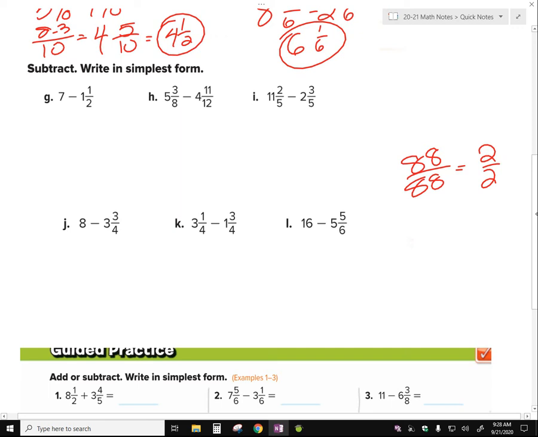So if we wanted to do 7 minus 1.5, we're going to make them into 14 halves. Do you agree that 14 halves is 7? Because 14 divided by 2 is 7. So you're writing this down? Minus 1 1/2.